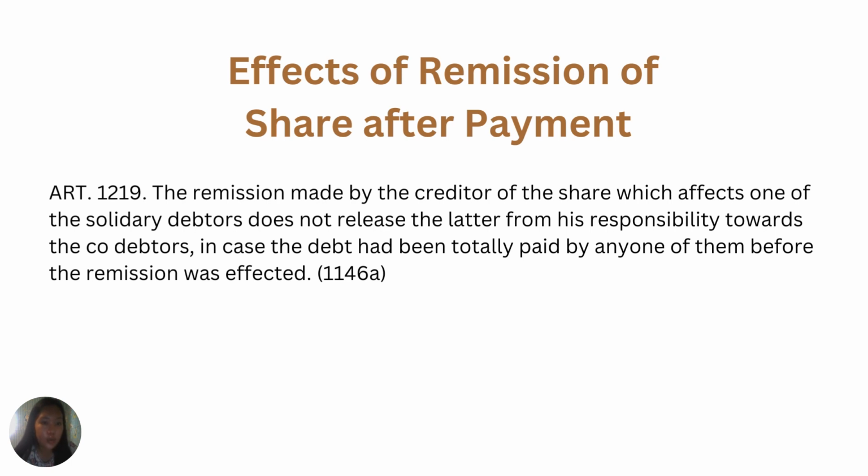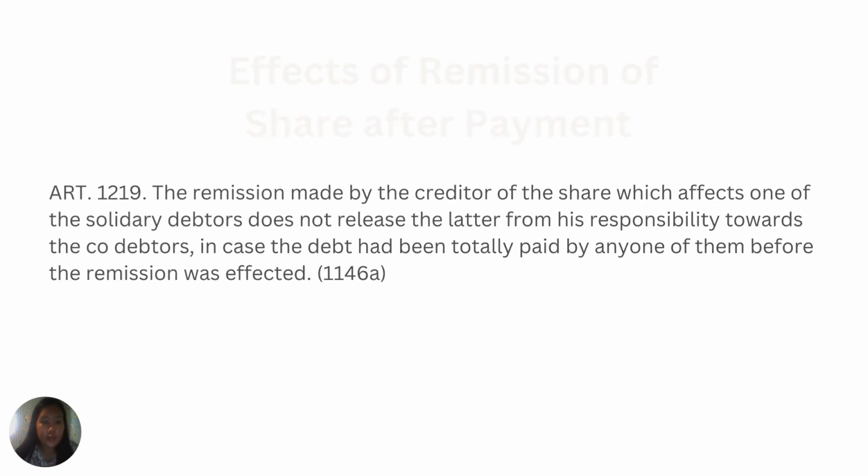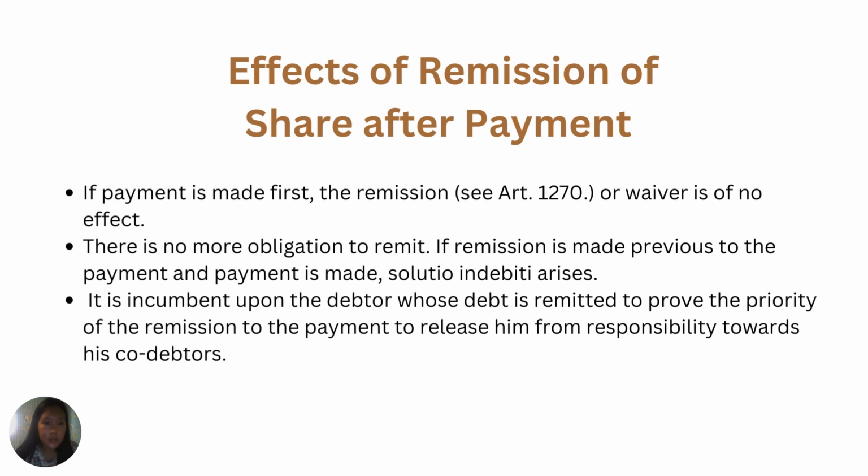According to Article 1219, the remission made by the creditor of the share which affects one of the solidary debtors does not release the latter from his responsibility towards the co-debtors in case the debt had been totally paid by any one of them before the remission was effected. Here are the effects of remission of share after repayment.